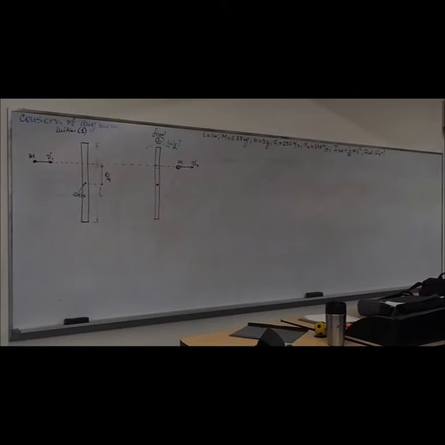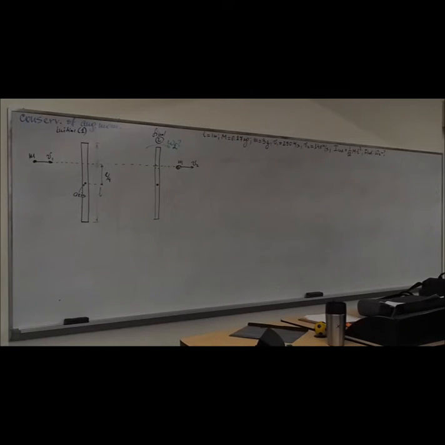The bullet damages that rod, that piece of wood. Damaging wood means that lots of mechanical energy will be lost making that damage. Of course, the bullet will be warmer, the rod will be damaged, and the temperature will go up. That all happens because of the loss in mechanical energy. So mechanical energy is not conserved.